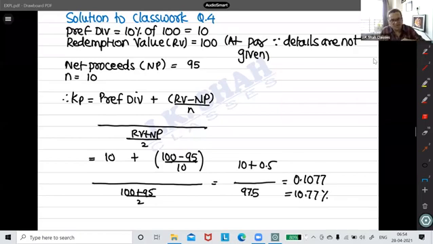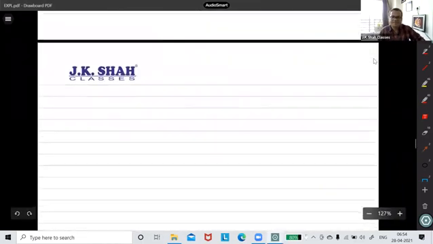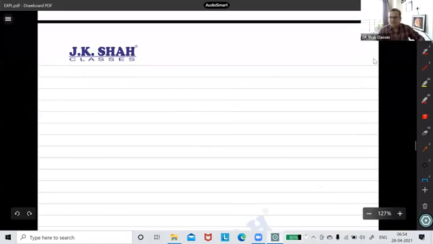You remember that we are done with cost of preference. Good. So now we will talk about cost of equity. So let's start with it. Very important thing.